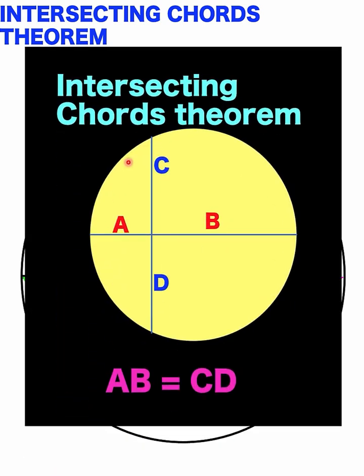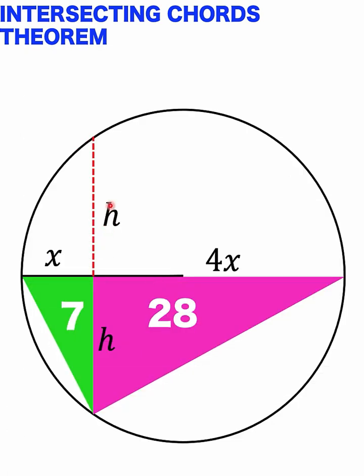Then let's recall the intersecting chords theorem. The theorem says that when you have two intersecting chords, the first chord is subdivided into segment A and segment B. The second one is composed of two segments, segment C and segment D. Then this intersecting chords theorem states that the product of A times B is equal to the product of C times D. Applying that in our figure, the product of h and h is h squared.